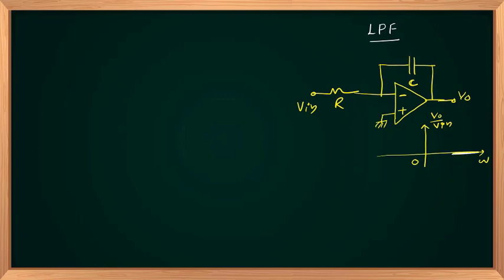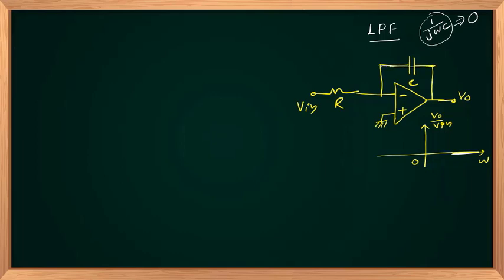The capacitive reactance is 1 by j omega C, so as omega tends to infinity, this reactance goes to 0 and the capacitor acts as a short circuit.